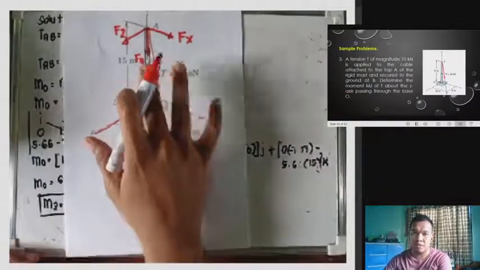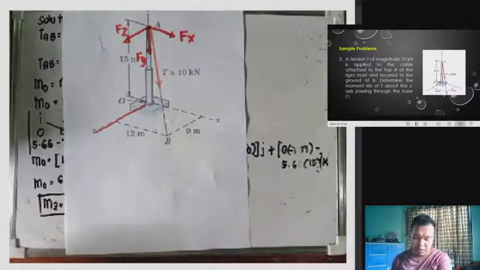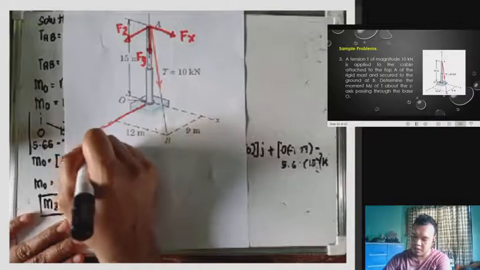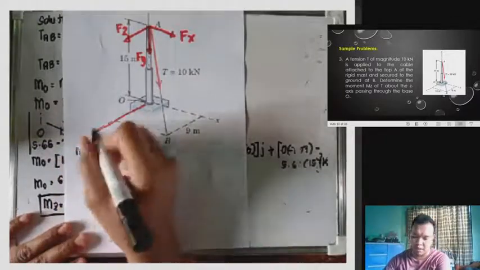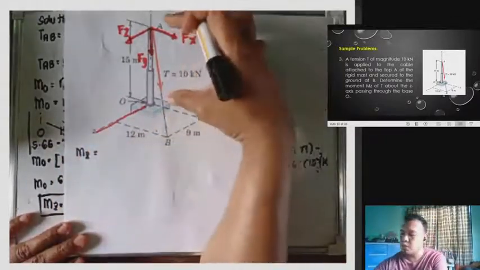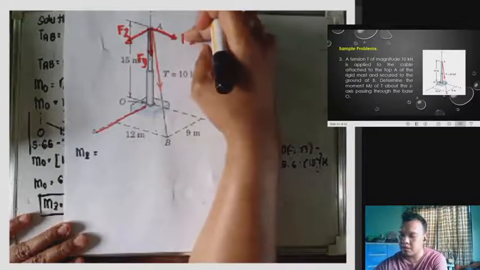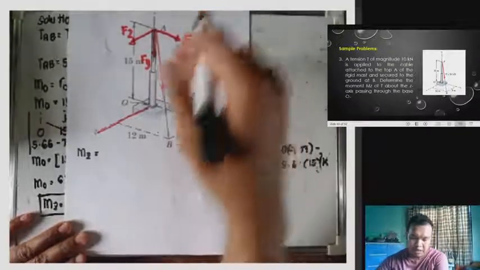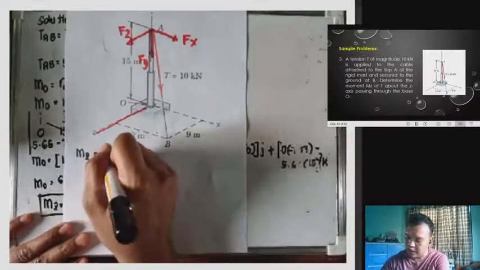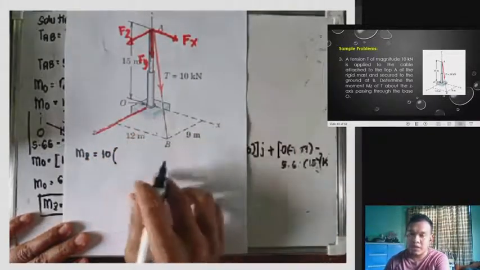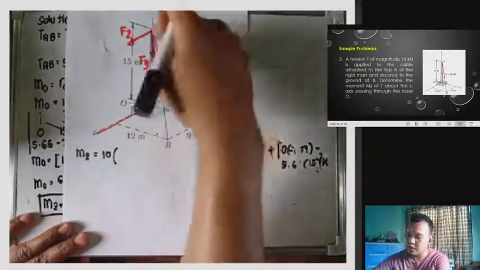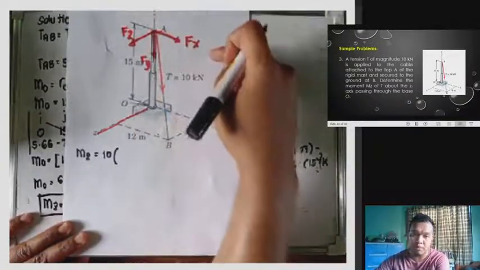So, based dito sa figure na ito, solve natin yung Mz. Mz, moment at z, kasi yun lang naman yung hinahanap dun sa problem natin. We have here the component of Fx. Para makuha natin yung component, we have here yung force 10 times yung coordinates ng Fx. Yung coordinates ng Fx is passing through 12 meters siya.